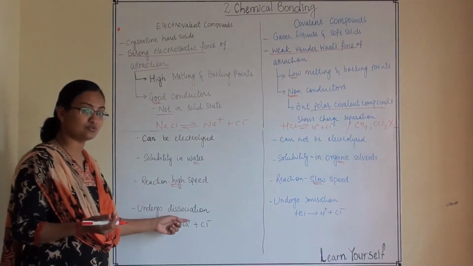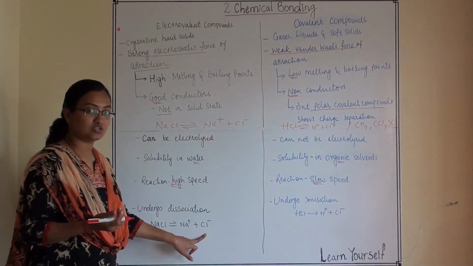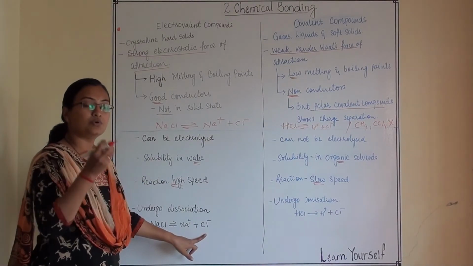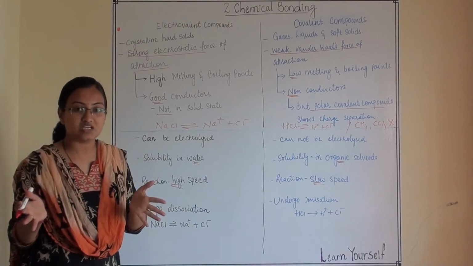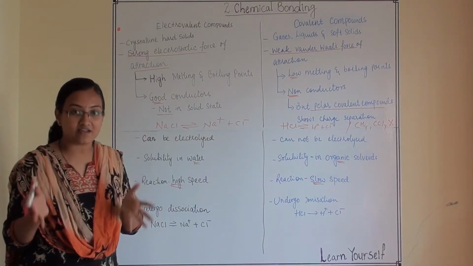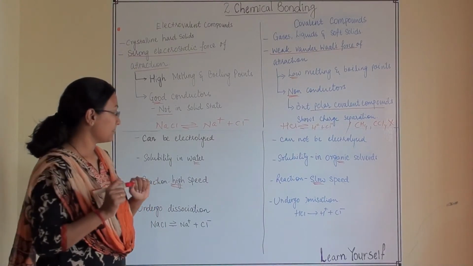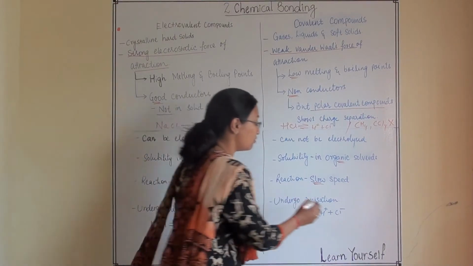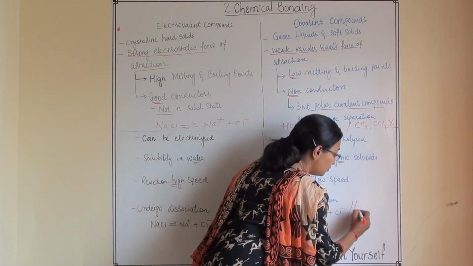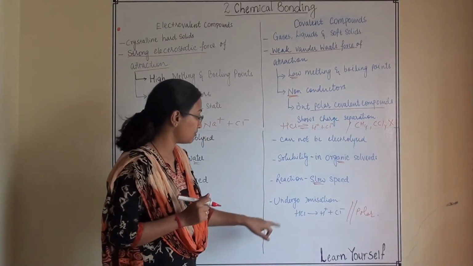Now, undergo dissociation. As we have seen here, whenever you put any electrovalent compound in water, it dissociates into ions, positive ions and negative ions. Whereas here they undergo ionization, and this is only for polar covalent compounds and not for non-polar covalent compounds.